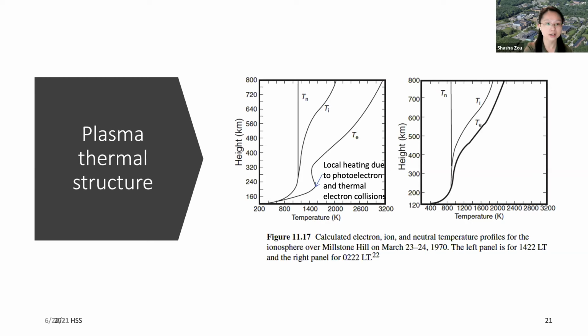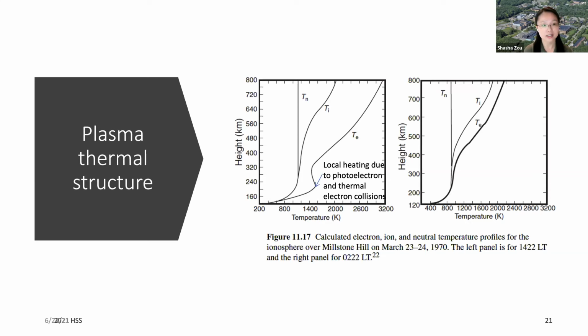So the chart here on the right shows there is a disappearance of that temperature peak in that 200 kilometer range, right? At the higher altitudes, you see the temperature becomes higher and higher. One of the reasons is that we have additional heat flux coming from the magnetosphere.